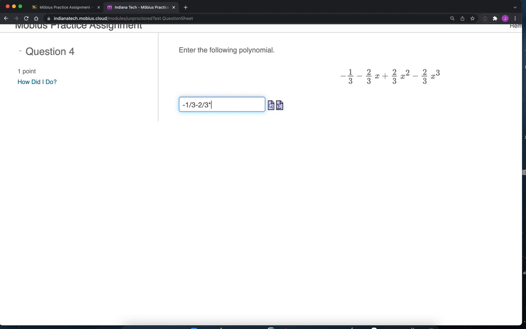I'm going to put my asterisk, which is shift 8, x, and then plus 2/3 times x raised to the second power, so caret 2, and then minus 2/3, there are lots of 2/3 in this one, times x to the third power. Right? Notice I didn't use any parentheses, and the reason is I am confident in my text expression. I know that the system will interpret the order of operations correctly.